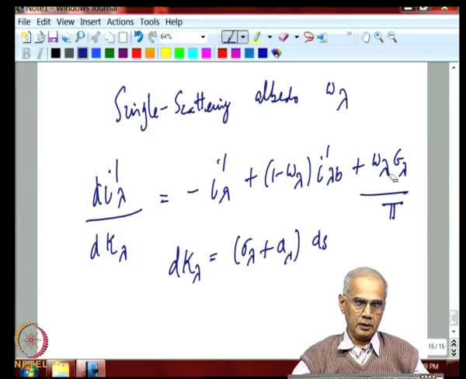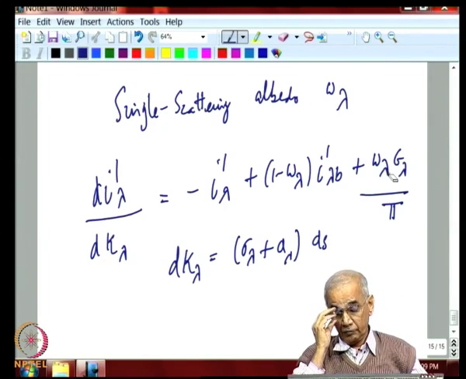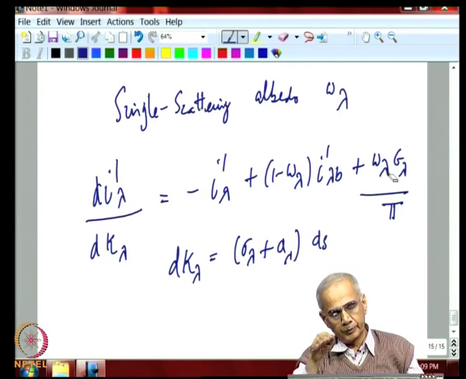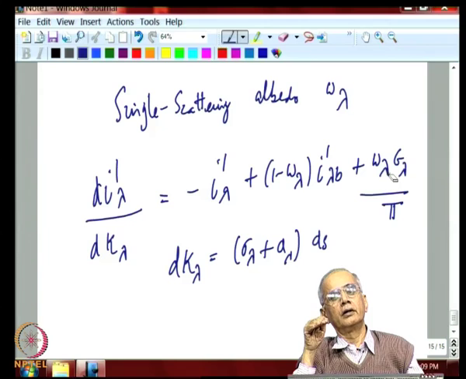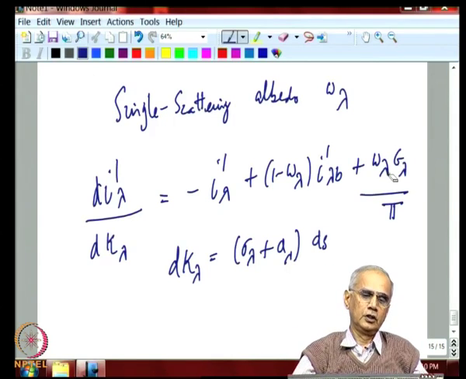So, this is what is going to make our life very difficult vis-a-vis solving the equation, because in the previous approximation we had made, in non-scattering media, the photons traveling in other directions did not affect our result. We were merely concerned with photons going in a given direction. They were either attenuated by absorption or they were enhanced by emission or by scattering in. But now, the last term is going to bring in the effect of all the other directions on the given direction.